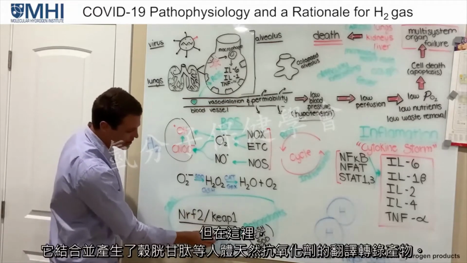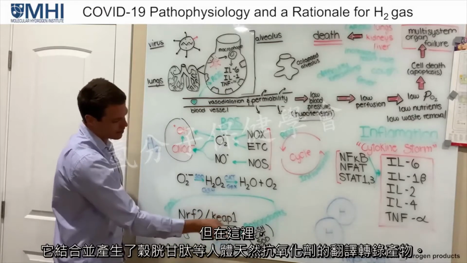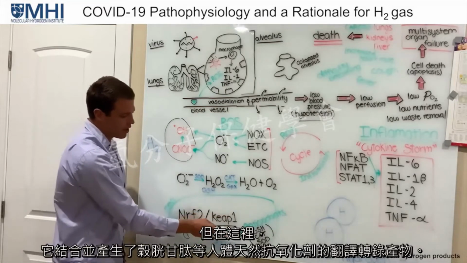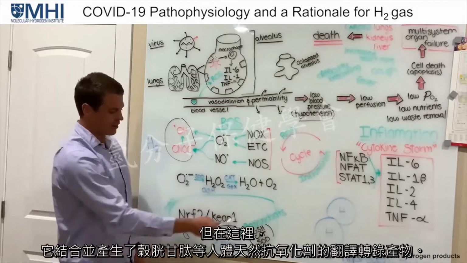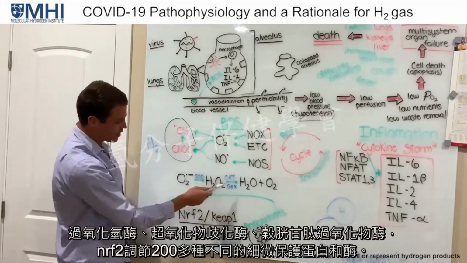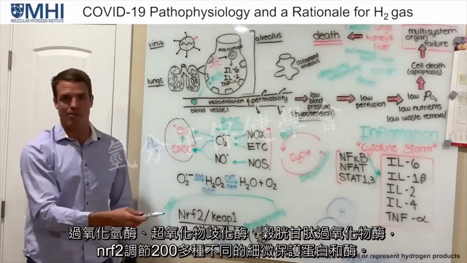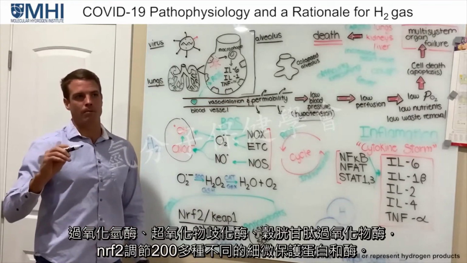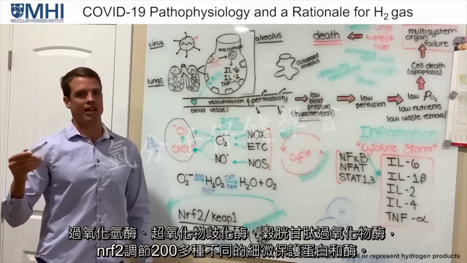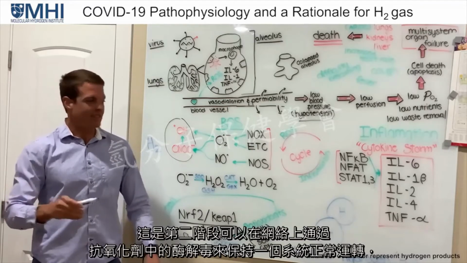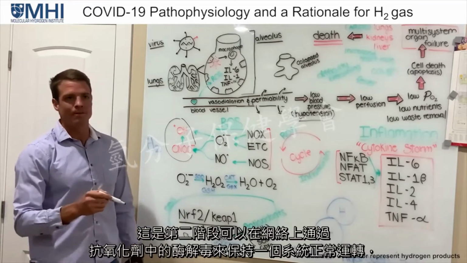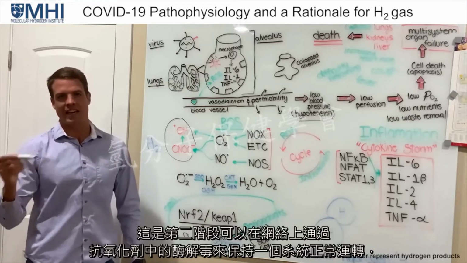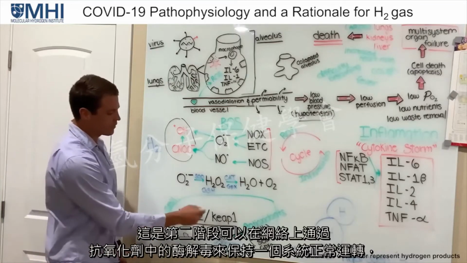Here it binds and induces the transcription and production of the body's natural antioxidants, like your glutathione, your catalase, your superoxide dismutase, your glutathione peroxidase. In fact, NRF2 regulates over 200 different cytoprotective proteins and enzymes. These are the phase 2 enzymes, detoxification and antioxidation. It's all right here with the NRF2 KEAP1 system.